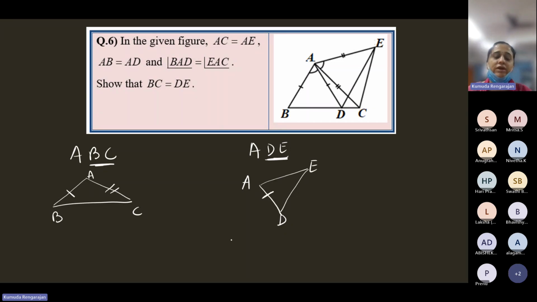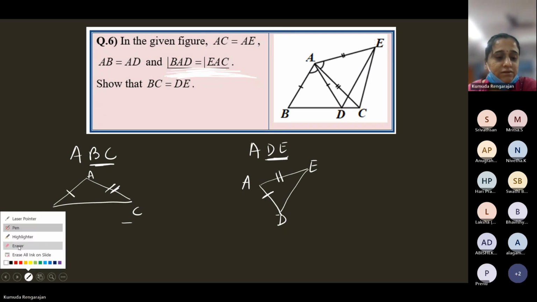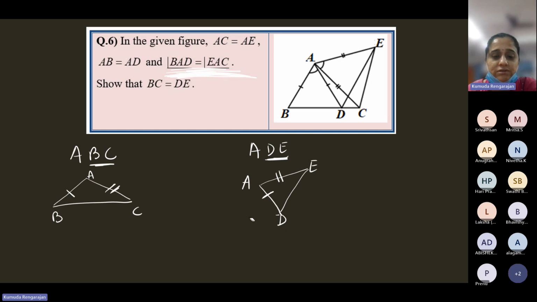So see here, AB is equal to AD. Then AC is equal to AE. And angle BAD. You can see that in these two triangles, we don't have angle BAD. See, BAD is equal to EAC, but we are unable to mark this information in these two triangles. It's given that BAD is equal to EAC, but BAD, EAC, they are not angles in these two triangles. We are unable to mark that information.